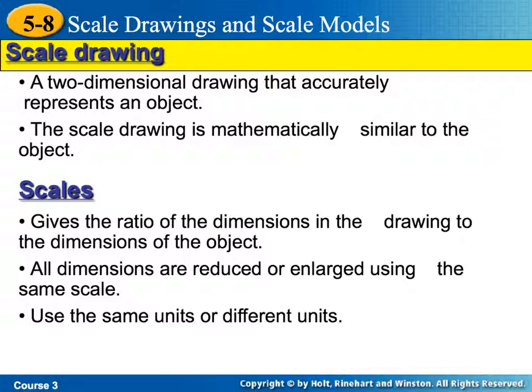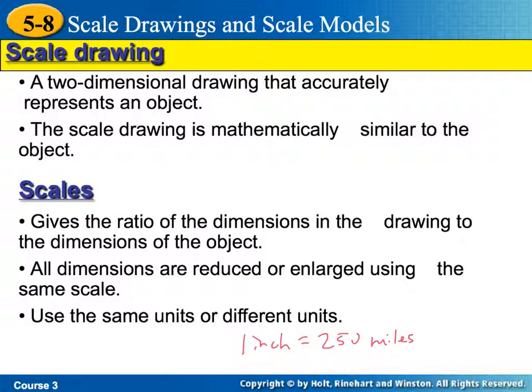Now, your scale is what gives that ratio of the dimensions in the drawing to the dimensions of the object. If you think of, for instance, a map. Okay, maps have scales, like 1 inch on a map equals 250 miles.